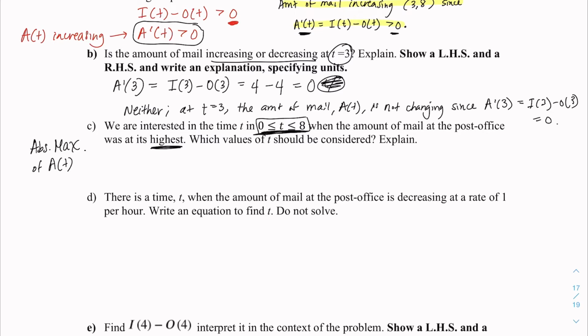So we should consider two things: the endpoints and the critical points of A of t, the thing that we are looking for the max of. The endpoints are definitely 0 and 8. A critical point is defined as where the derivative equals 0. So for the critical points, we'll set A prime of t equal to 0.